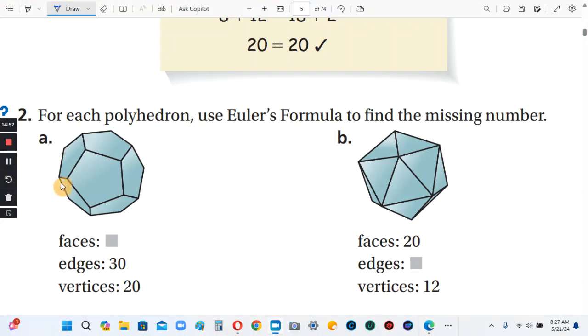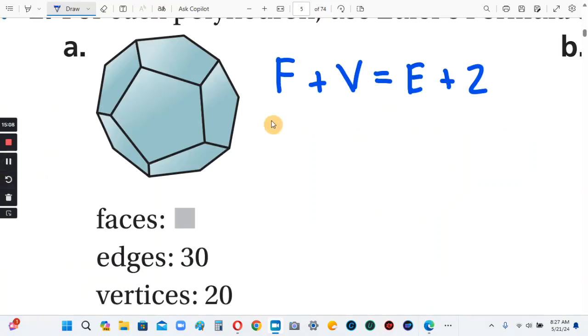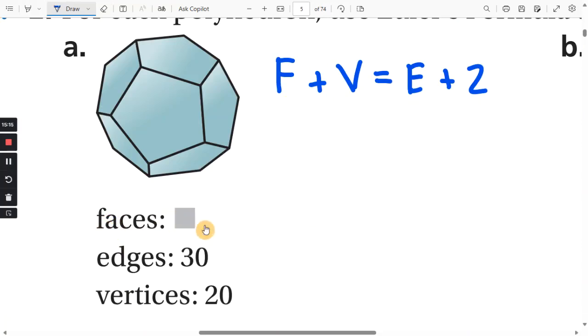All right, so let's try a couple examples. For each polyhedron, use Euler's formula to find the missing number. All right, let's look at part A. Euler's formula, F plus V equals E plus 2. F is the number of faces. E is the number of edges.